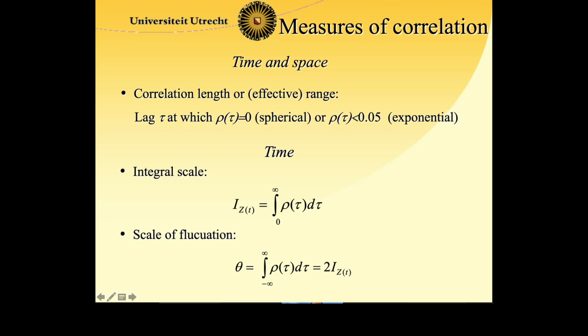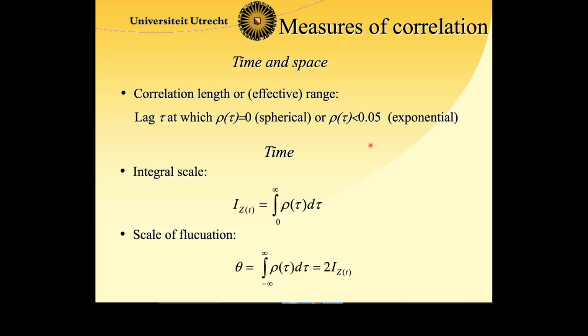This is then called the actual range or correlation length or range of the correlation function, and this is called the effective range because an exponential one only goes to 0 at infinity.